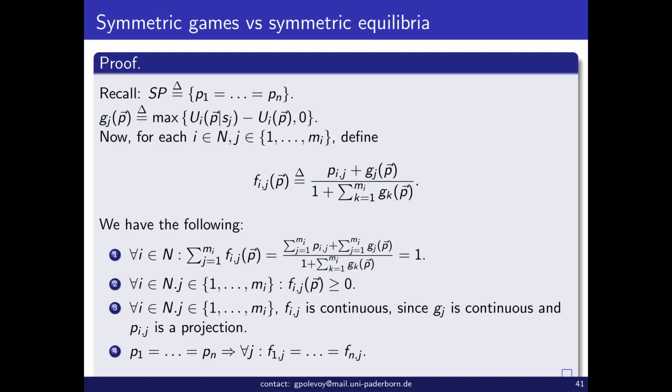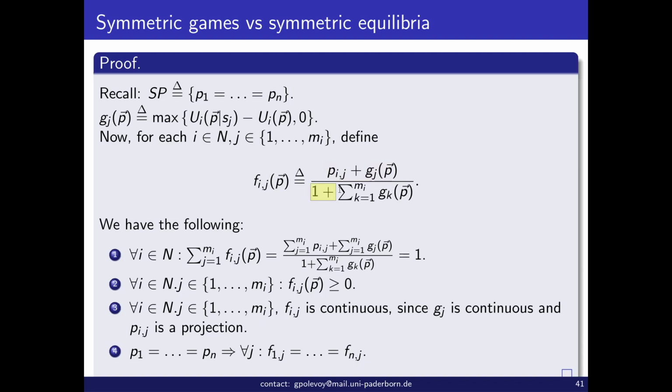So G_j tells how much a player can benefit from a change, and it does not matter which player. So it's p_ij plus this benefit from the change, normalized by 1 plus the sum of the benefits from the change.